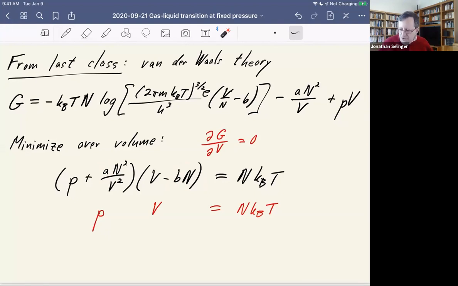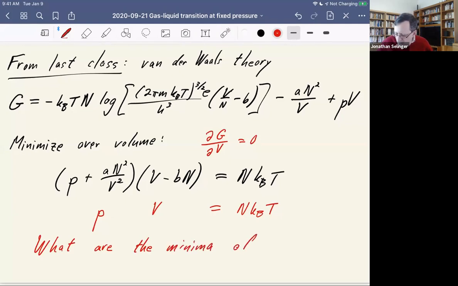But there's more that we can do that goes beyond these numerical corrections. What I want to show you is how we can actually look graphically in some plots to see what are the minima of G as a function of volume.